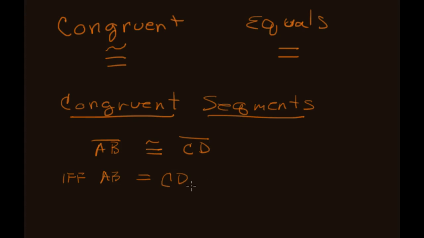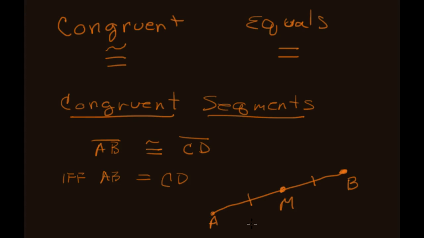Okay? So this gets us to some interesting positions. Like, I now can talk about measurement and I can add in some thinking. Like, I can define what a midpoint is. So let's say this is point A and this is point B, and I want to have a point M, which is the midpoint between A and B. Well, I can define that because if AM is the same length as MB, then M is the midpoint.